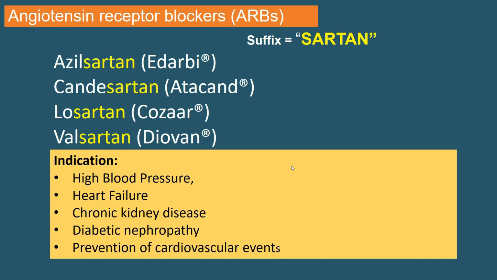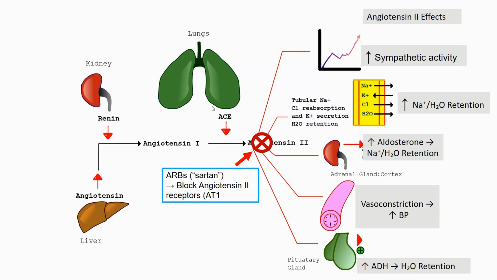of cardiovascular events. So, unlike ACE inhibitors, angiotensin receptor blockers act on angiotensin 1 AT1 receptors, which are present for the angiotensin 2. So, AT1 receptors are essential for binding, so that way the action happens.